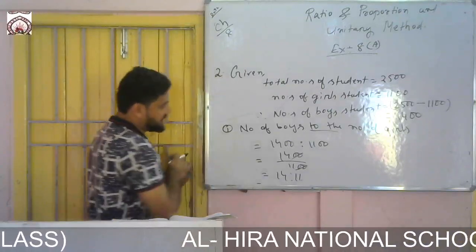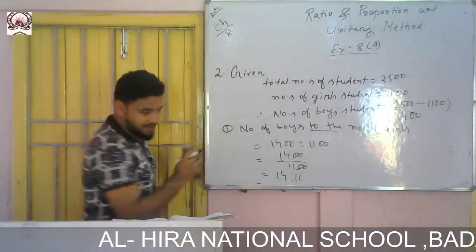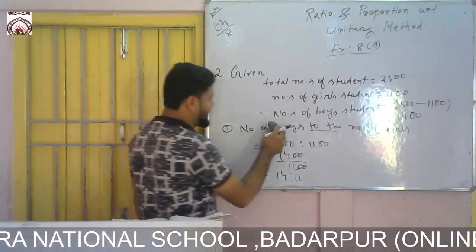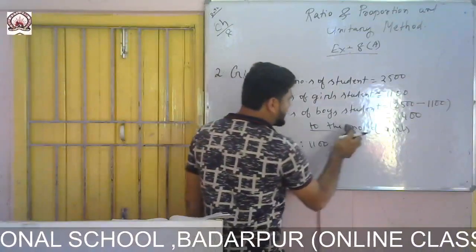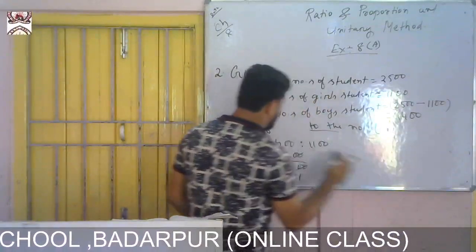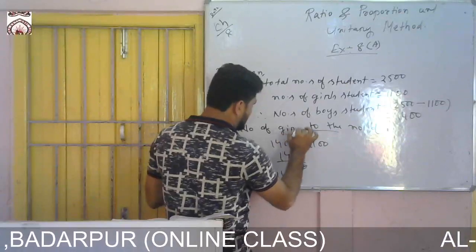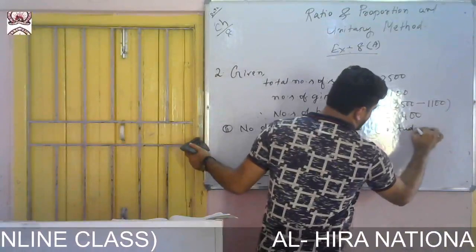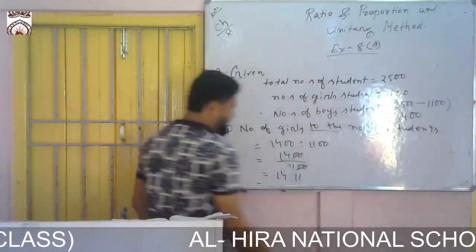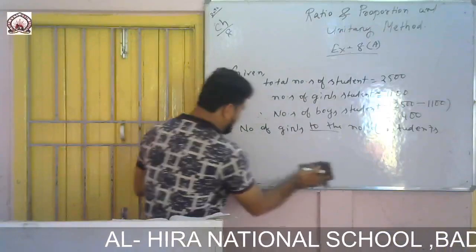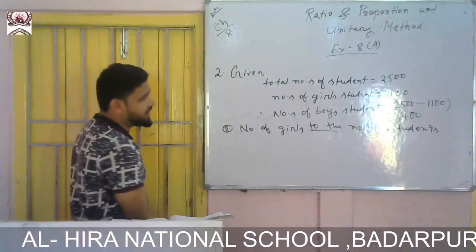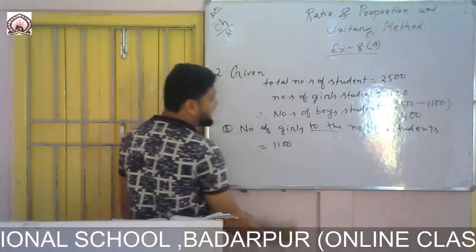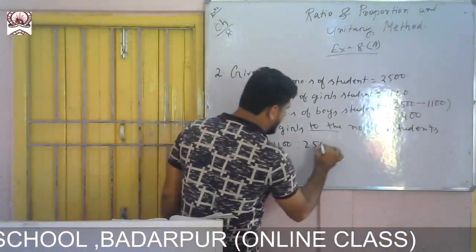So next part you write again: number of girls to the number of students. Number of girls 1100 is to number of students 2500.